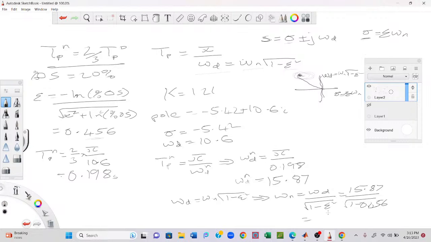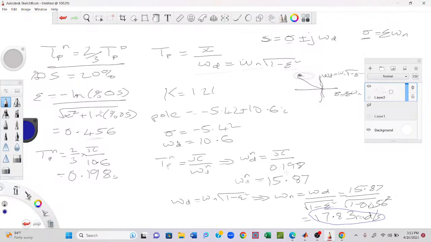That will give you 17.83 radians per second, about 17.8.